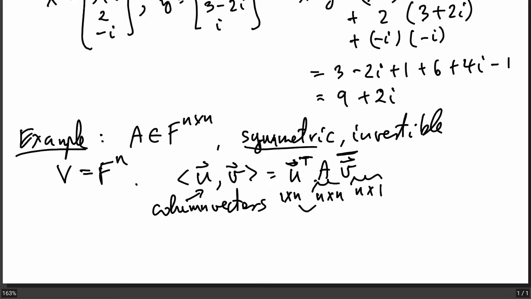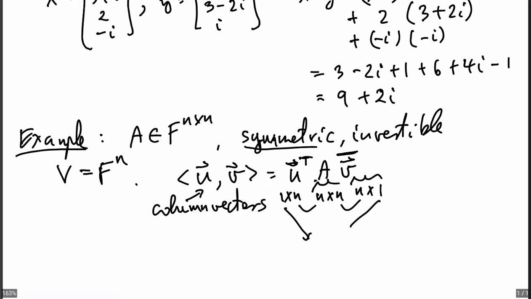Then all the dimensions line up, and the final result is a 1 by 1 vector, which is a scalar. And you can also check that because of this conjugate in the second argument, it will be antilinear in the second component and still linear in the first component.